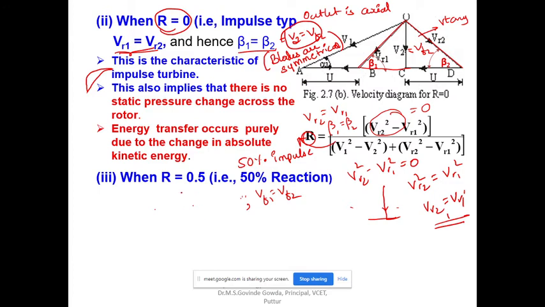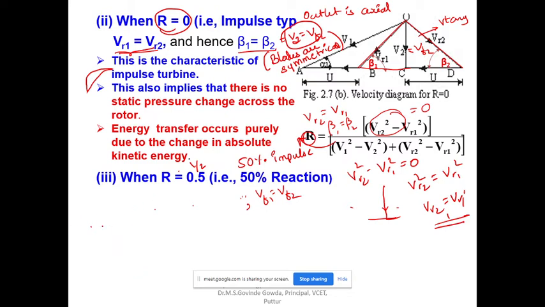Now again, can anybody do the analysis over here? If R equals 0.5, I will just do the mathematics. Can I write R as 1 by 2? Yes.